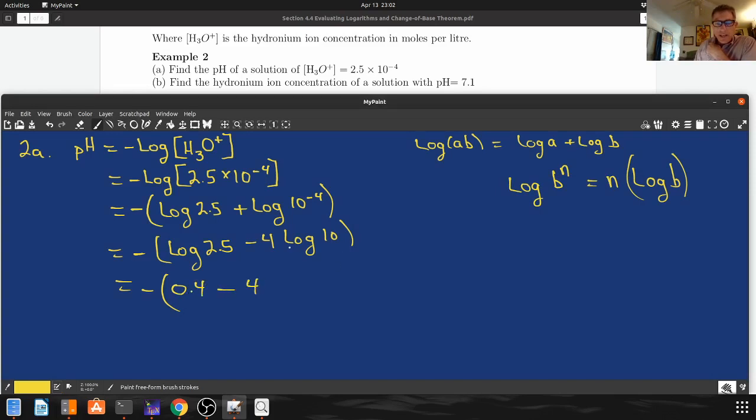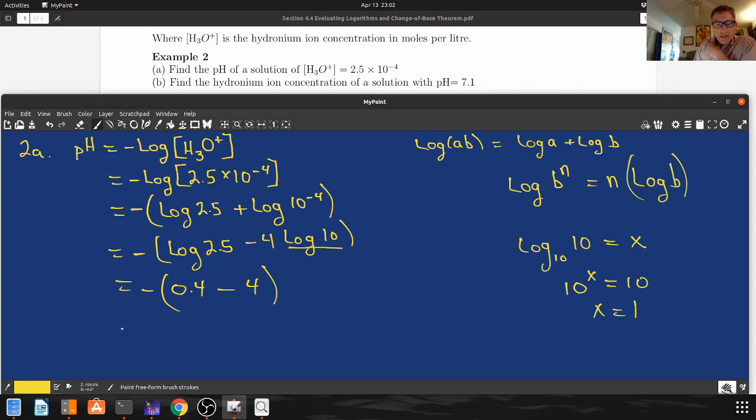Do we need the calculator to evaluate log to the base 10 of 10? Log to the base 10 of 10 is equal to some number x. That's what we want to solve. But this implies 10 to the x is equal to 10. So x is equal to 1. So this is 4 times 1.